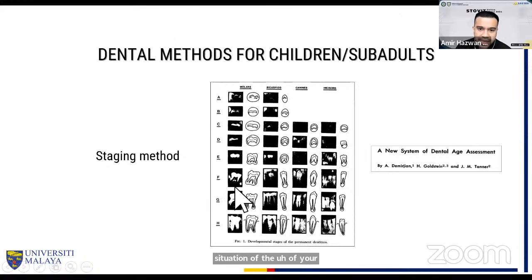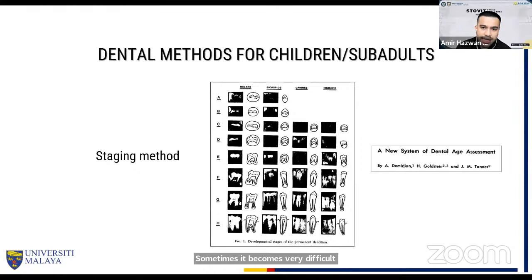For example, if the tooth is somewhere between F and G, the method has already provided certain criteria for you to classify that. But still, when you have inexperienced clinicians performing this age estimation, sometimes it becomes very difficult and not reliable.